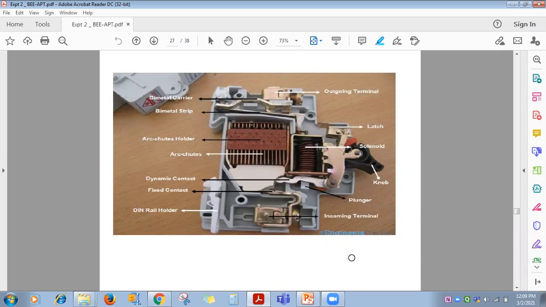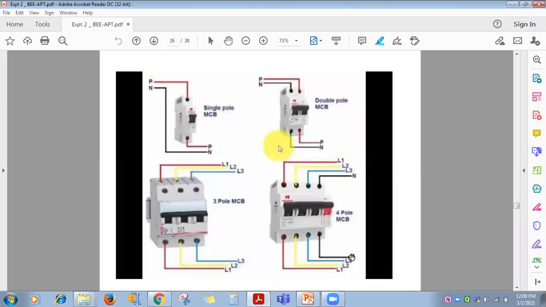So, the miniature circuit breaker. From outside it looks like this. All these MCBs are in the on position. This switch you can see is at the on position. If it is in the up position, it is on.